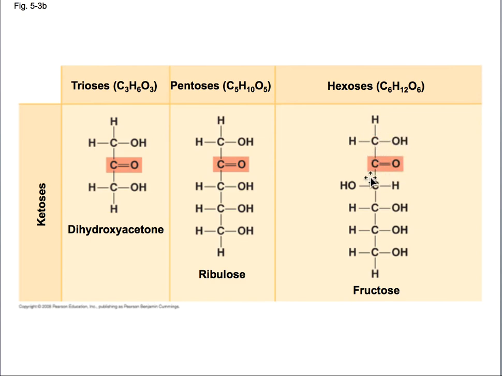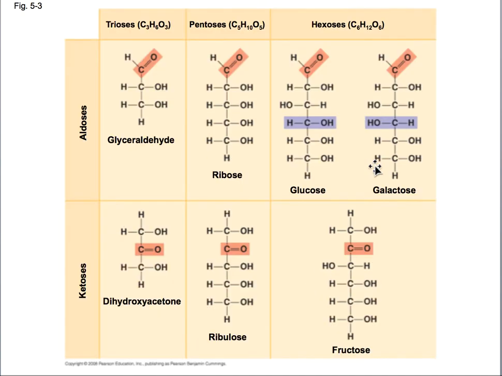So this is just changing where that functional group is. And by changing the functional group, here's fructose and glucose, galactose is another one. By changing where it's at, it actually changes the function of the whole molecule. Ribose, ribonucleic acid, is the sugar that's in RNA.